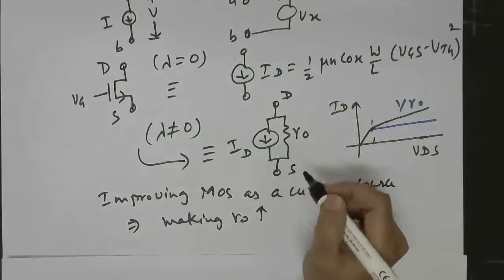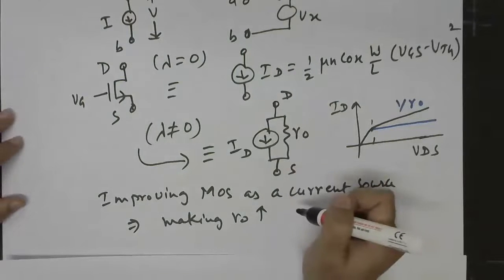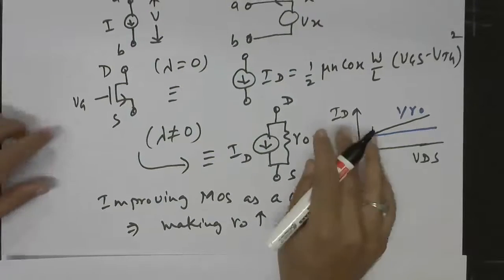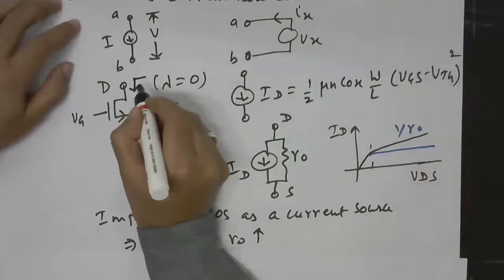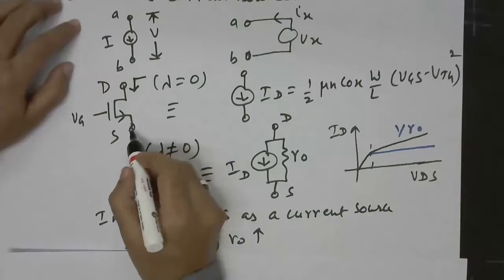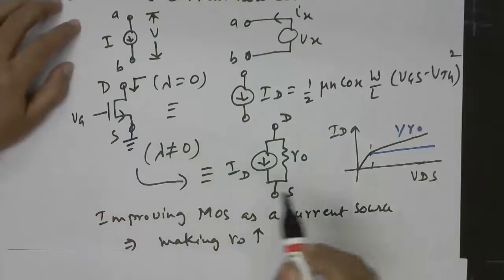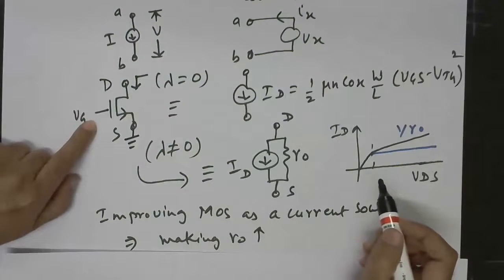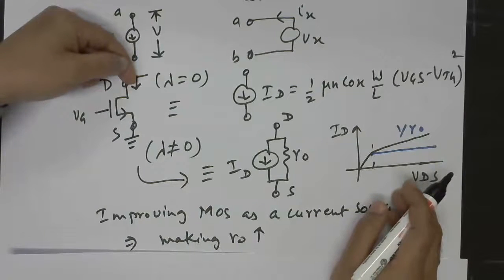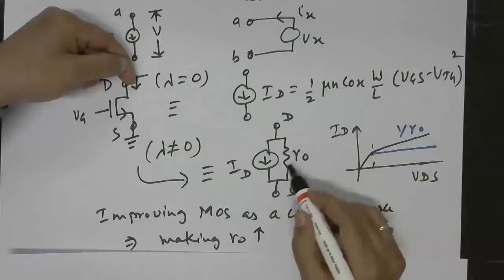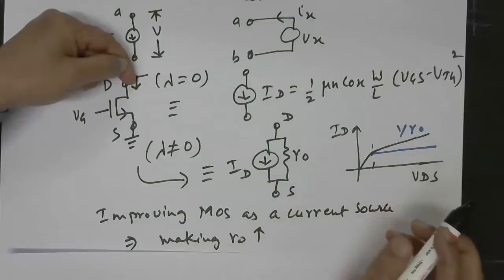So what is the basic idea behind increasing the impedance? We have to increase the impedance looking from drain towards source. For simplicity take the source as ground, and put the gate at a certain voltage. If we increase this impedance, we increase this R0 and move towards the ideal condition.